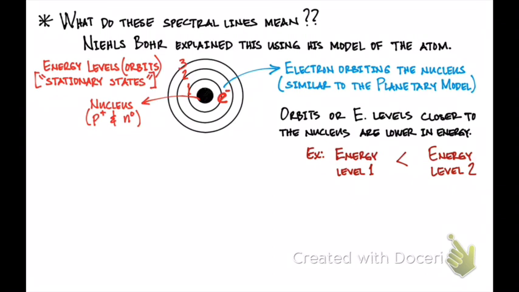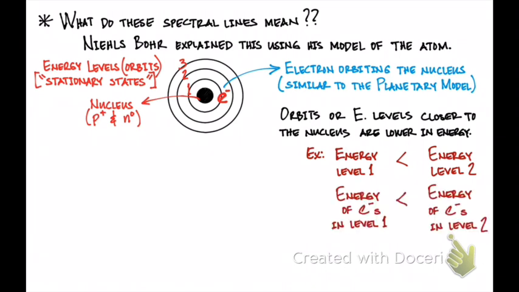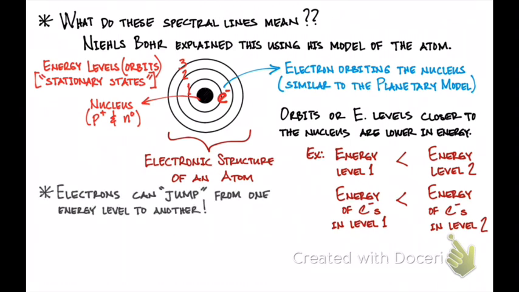And you can also use the same argument when it comes to electrons. The energy of the electrons in level 1 is less than the energy of the electrons in level 2 or higher, and so on and so forth. So that's the basic idea regarding the electronic structure of the atom that Niels Bohr introduced in the early 1900s.